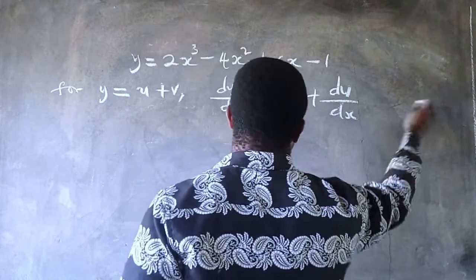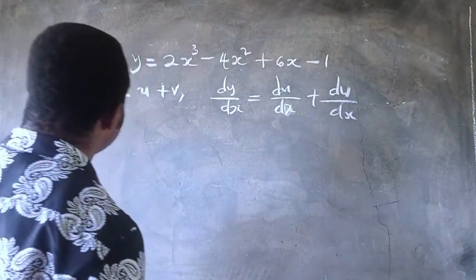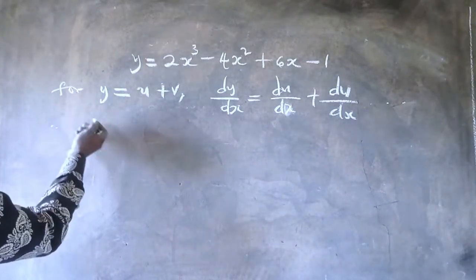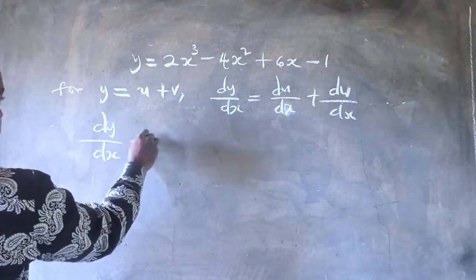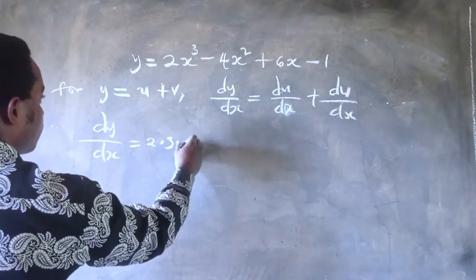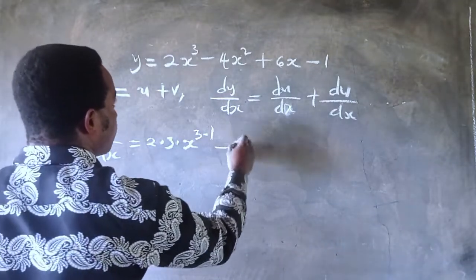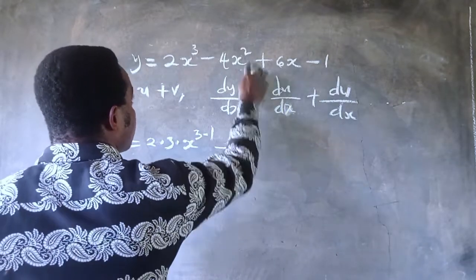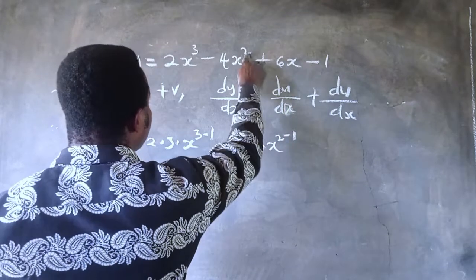So the expression for dy/dx is given by this formula, which is the differential of u with respect to x plus the differential of v with respect to x, etc. Just add them all up. So therefore, the expression for dy/dx for this particular problem is going to be of this form. You can notice I'm applying the standard derivative. So that will be 4 multiplied by 2, x raised to power 2 minus 1.